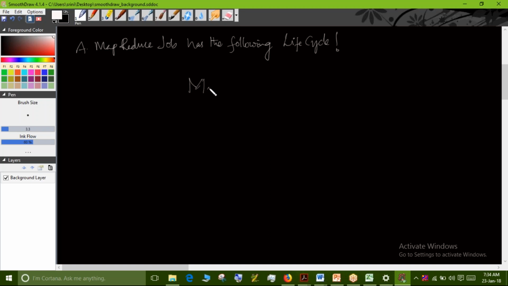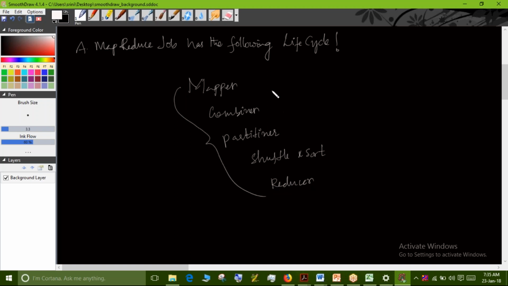You have a mapper phase, then we have a combiner phase, then we have a partitioner phase, then we have a shuffle and sort phase. And finally, we have a reducer phase. Your MapReduce job has got these many stages.